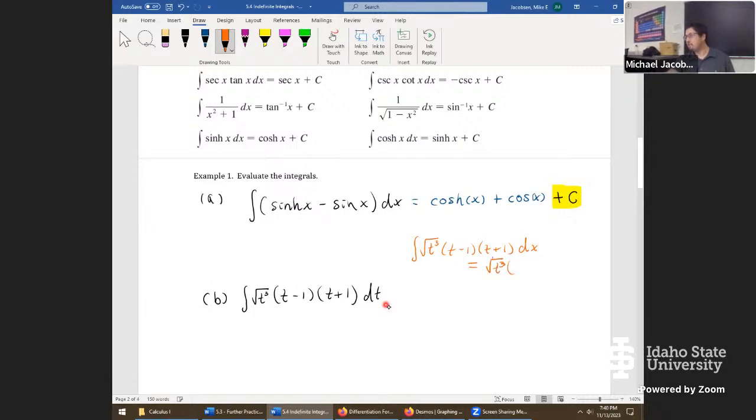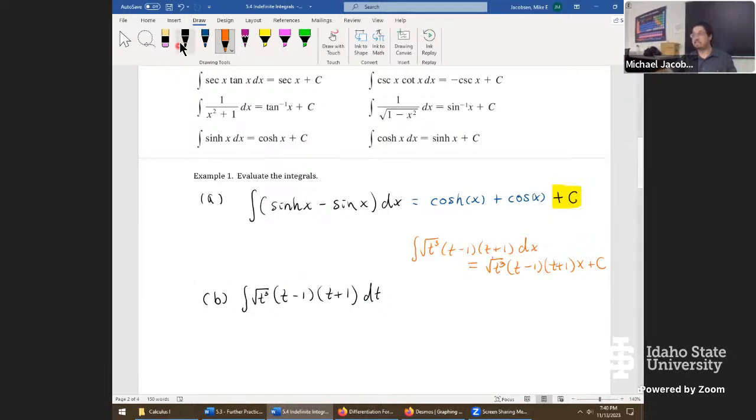Root t cubed, t minus 1, t plus 1 is now regarded as a constant with respect to integration because we're integrating with respect to x. So because it's constant, we just throw in the x and plus c, and that's the whole answer to that question. Really, really weird. That's a kind of trick question that looks more like an actual typo than what was intended. So that probably won't be on any exams, but it's something to be aware of.